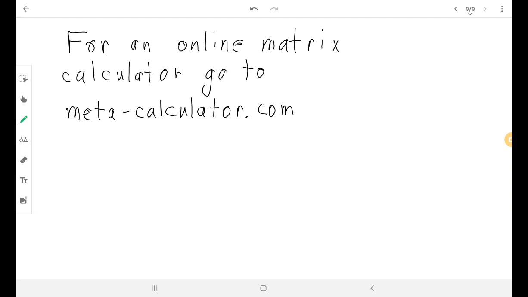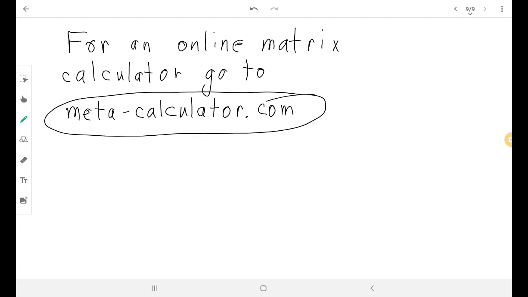But for an online matrix calculator, if you go to meta-calculator.com, you will find different types of calculators, and one of them is a matrix calculator, and it works in much the same way that the Edgenuity matrix calculator works. It's got a few different little quirks in it, but I'm very confident that if you figure out how to use the Edgenuity matrix calculator, you'll figure out how to use the meta calculator.